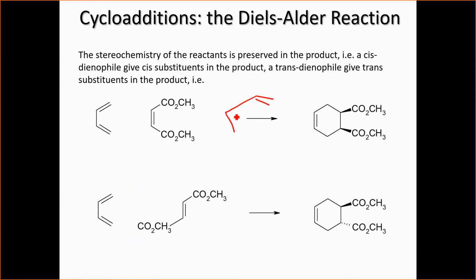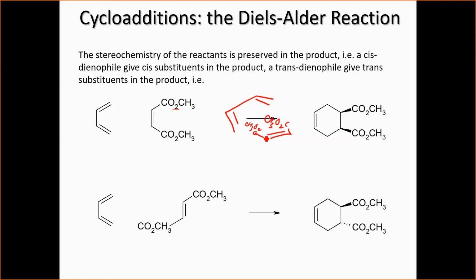So you have this compound. Now I'm going to put this group underneath. So CH3O2C. Makes sense, right? And then we have a double bond, and the same thing, CH3O2C. So this is what it is.